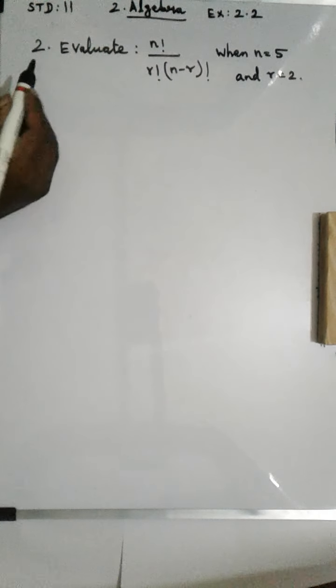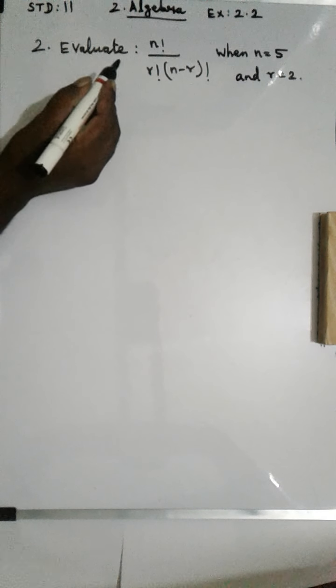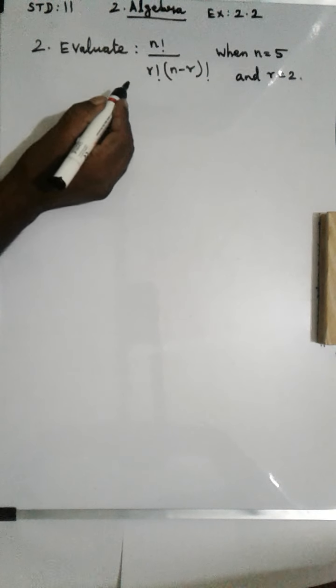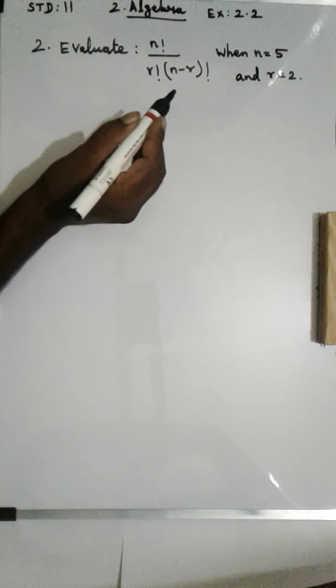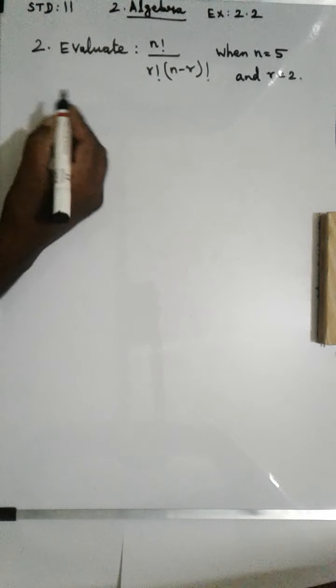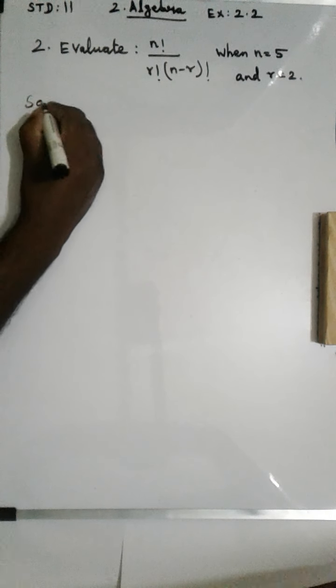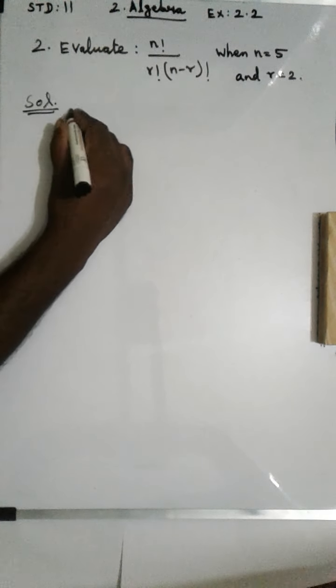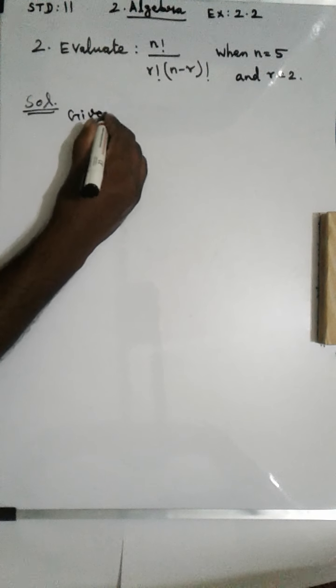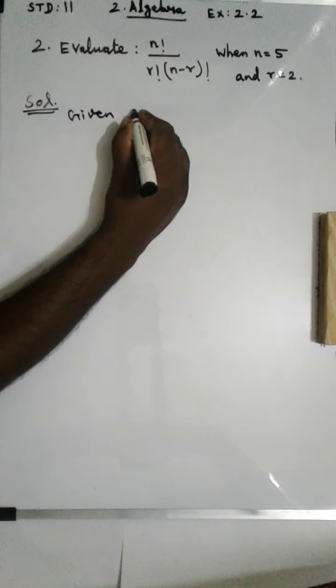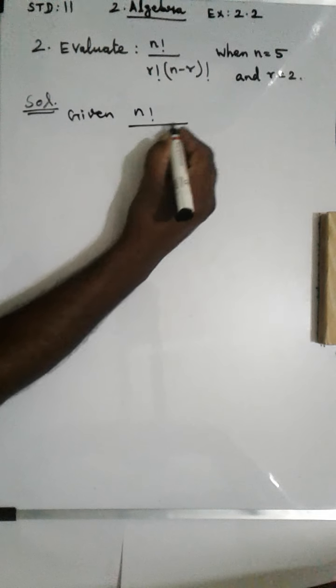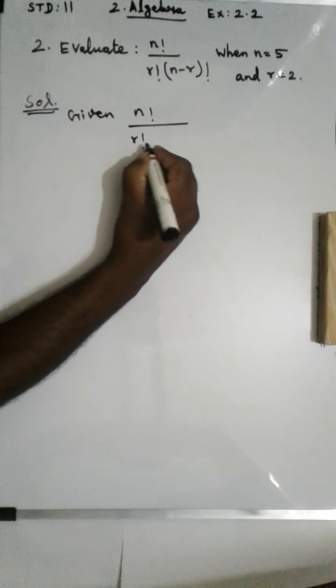Second sum, evaluate n factorial divided by r factorial into n minus r factorial when n equals 5 and r equals 2. Solution. Given n factorial divided by r factorial into n minus r factorial.